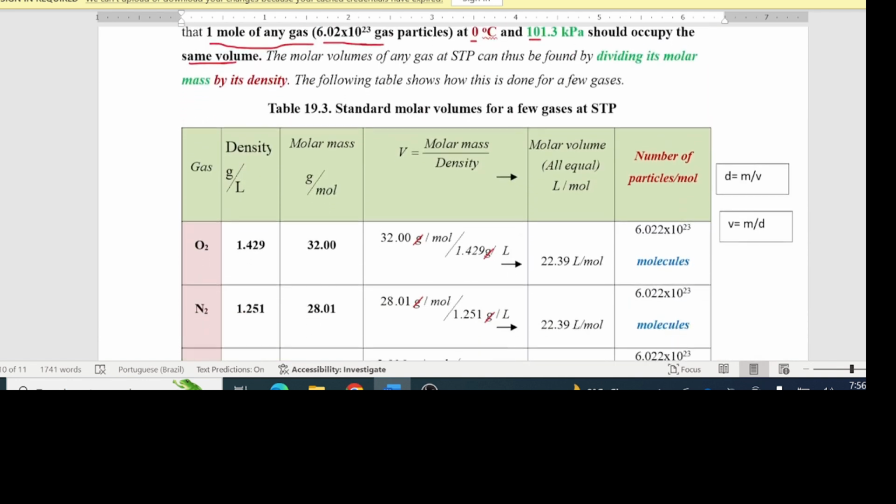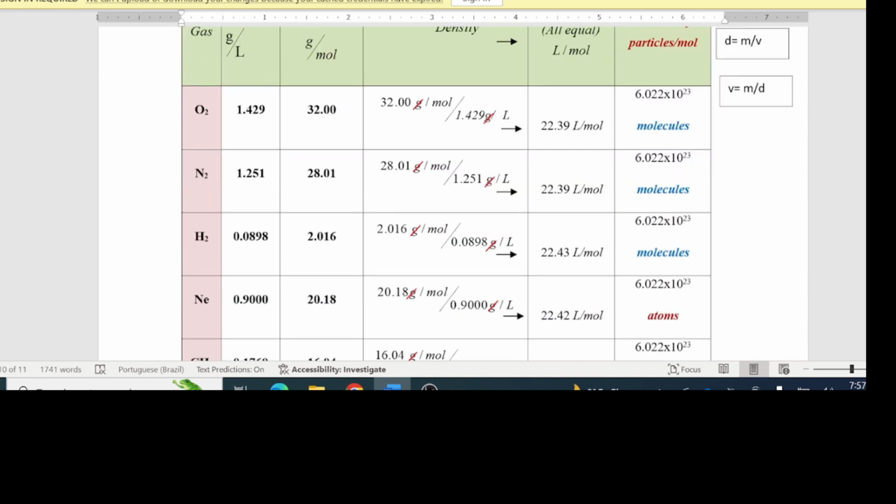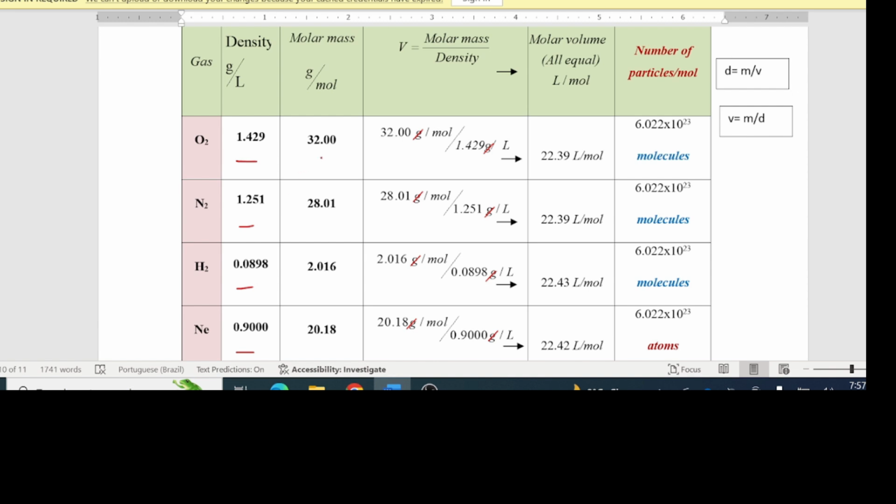Let's look at this table here. These are gases. You can find out the density of a gas from a table of data. That's the density there for each one of these here. The molar mass is also found. These are the molar masses within the mole concept. We showed you how to find molar masses of things. We said density is equal to mass divided by volume.